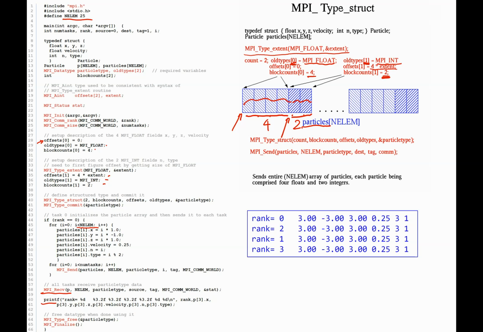For the 3rd particle, all of these values are going to be i equals 3. So it's going to be 3 and then -3 and then 3 and then 0.25, and then this is going to be a 3 over here, and then 3 modulo 2 is going to be a 1. So every process is going to print out this array of values.